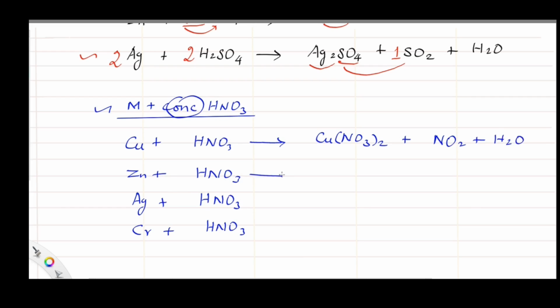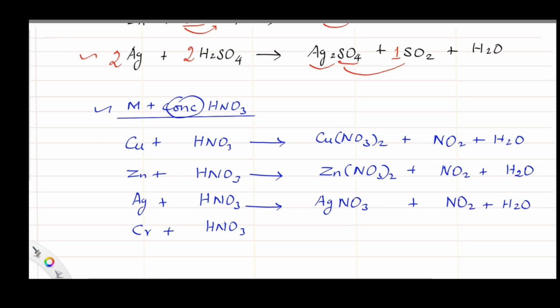When zinc reacts with concentrated nitric acid, we get zinc nitrate, that is Zn(NO3)2, plus nitrogen dioxide NO2 plus water. Similarly, silver reacts with nitric acid to form silver nitrate AgNO3 and nitrogen dioxide plus water. And the final one, chromium does not react with nitric acid, so no problem.